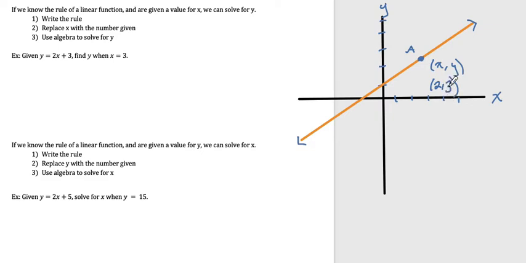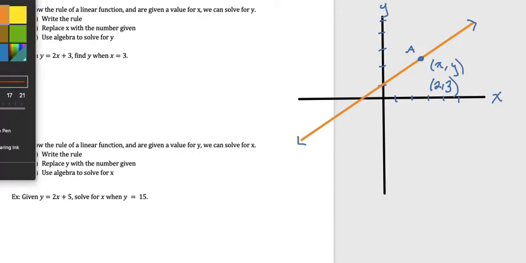And let's say we knew the x value. Let's look at a different point on this line. So let's look at this point right here. Let's call this point B. And let's imagine we didn't have our graph, but we knew that the x value for B is 0, right? It's not going up any. And we wanted to find out what the y value was.